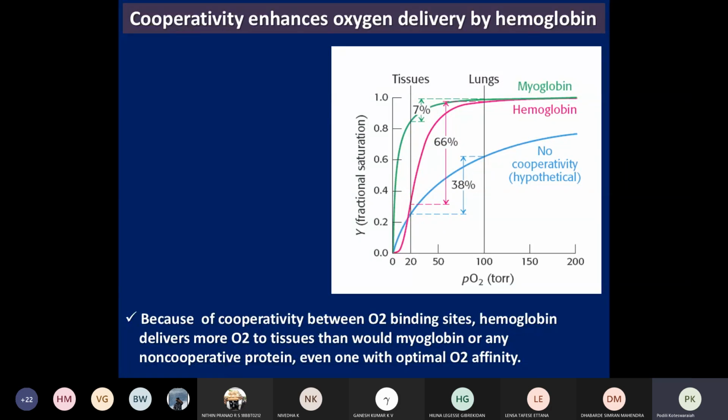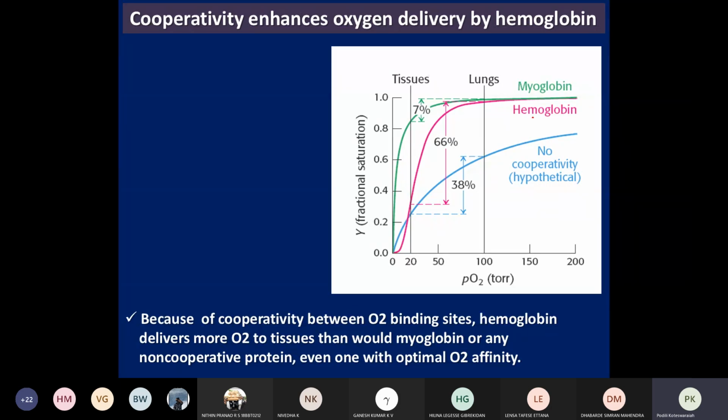You can see in this oxygen dissociation curve, the green line indicates myoglobin, this one is for hemoglobin, and the blue line is for the hypothetical non-cooperative protein. As we already said, hemoglobin is a cooperative protein, in the sense that binding of one oxygen molecule increases further binding more efficiently to the other subunits. Because of its tetrameric nature, hemoglobin shows cooperativity.